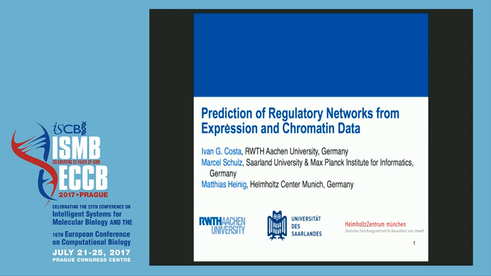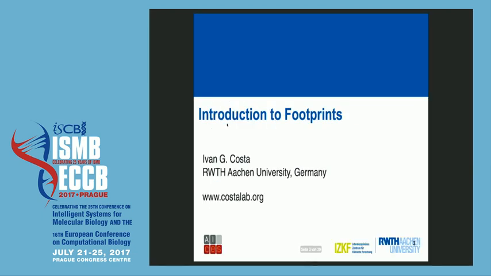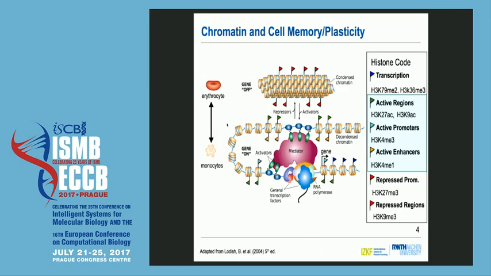In this part I'm going to introduce the analysis of footprints, so analyzing open chromatin data to find transcription factor binding sites. Then Marcel will talk about regulatory networks, and we're going to do the practical part together, so the practical for footprints and regulatory networks will be one. You have seen in my first presentation that we are interested in finding chromatin.